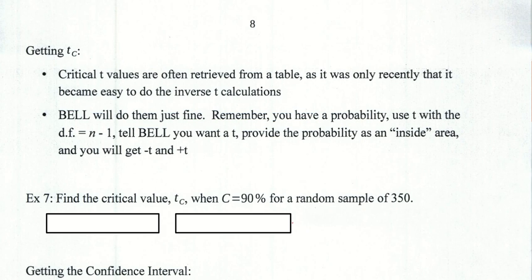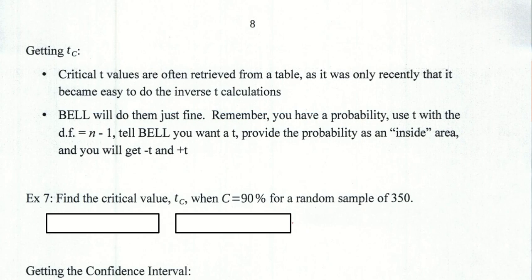The next question says, is this normal or t? Well, we're interested in finding the critical value for a mean when we do not know sigma. So therefore it's a t, so that next question you're going to put a 1 in for t.